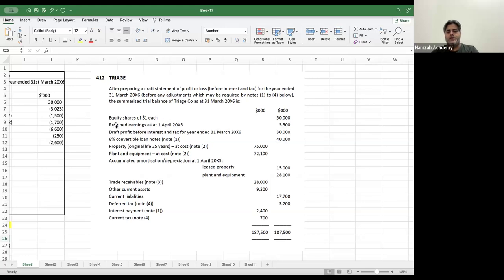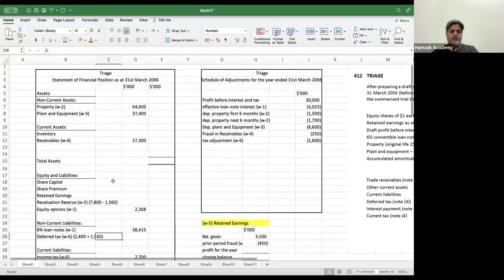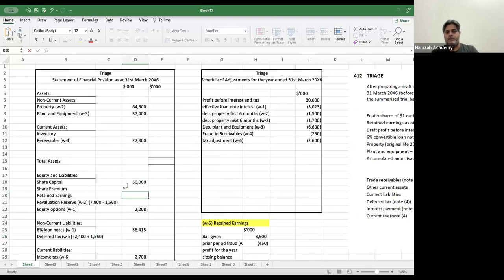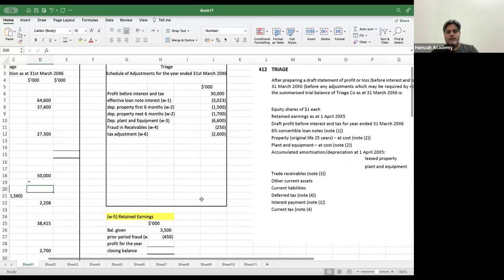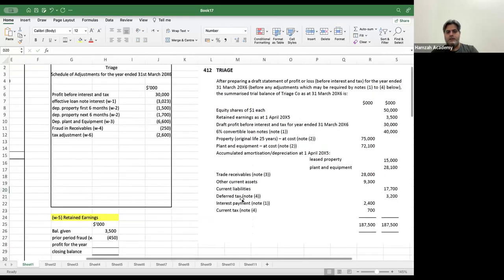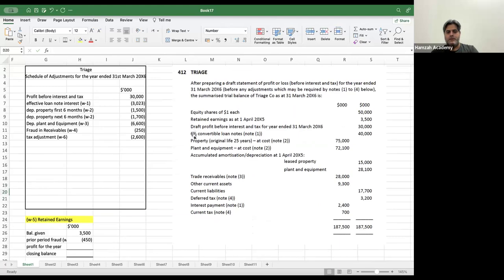Equity shares of $1 each, 50,000. So that's my share capital. No premium over here. Retained earnings are already here. Draft profit is over here. 6% convertible loan notes are over here. Property is done. Plant and equipment is done. Accumulated depreciation is done. Trade receivables are done. Other current assets 9,300.